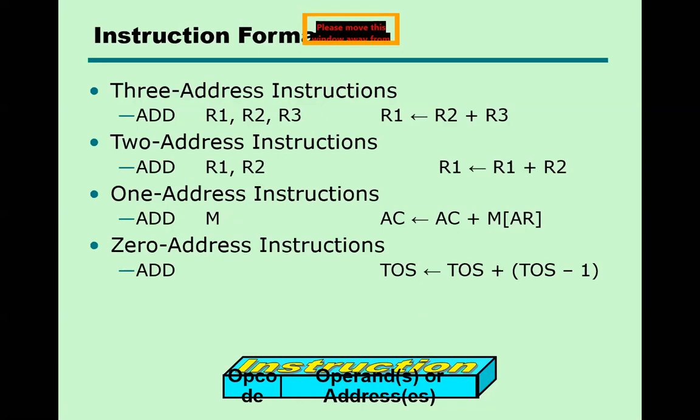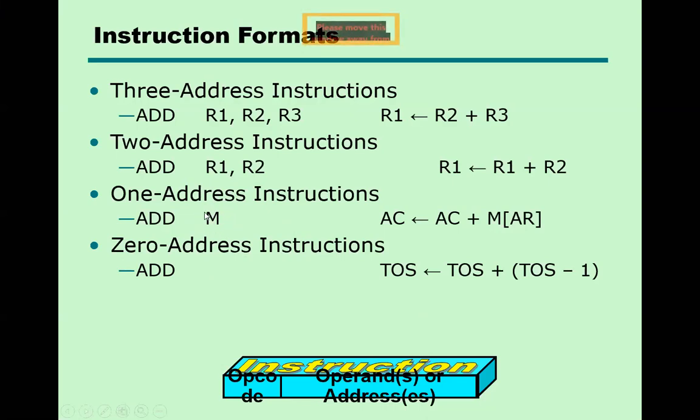Now the zero address instruction. Many times you will find we are not using any kind of memory address reference. Obviously to perform an addition operation, multiple address locations are required.